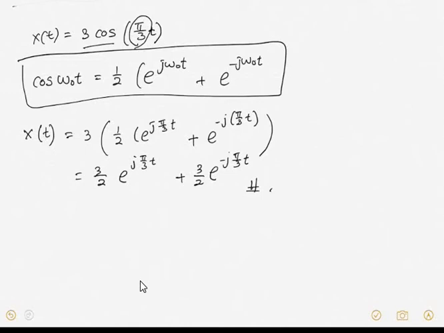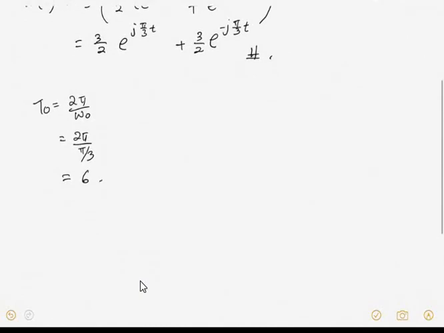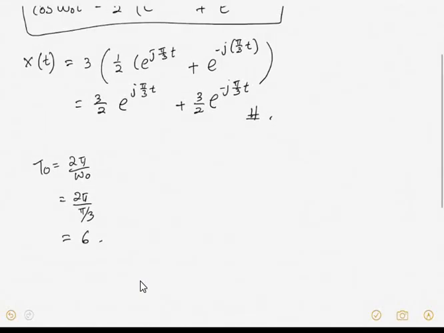Do you know the fundamental period for this cos pi over 3 t? T naught equals 2 pi over omega naught, and omega naught, as you know, is pi over 3. So that is equal to? Yes, 6. So this is a periodic signal. Here you know that these are discrete frequencies. So you have two discrete frequencies.